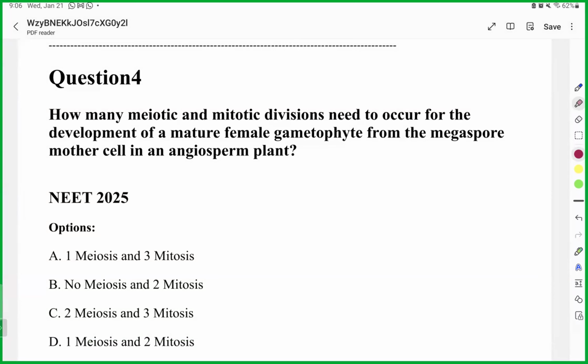Yes, because you have a total of 8 nuclei and 7 cells. So how are 8 nuclei formed? 3 mitosis: 1 to 2, 2 to 4, 4 to 8. Right. And one meiosis, because every gamete is produced by the meiosis process only. Gametophyte is also haploid. We'll discuss that in the next class because the female gametophyte is extremely important.